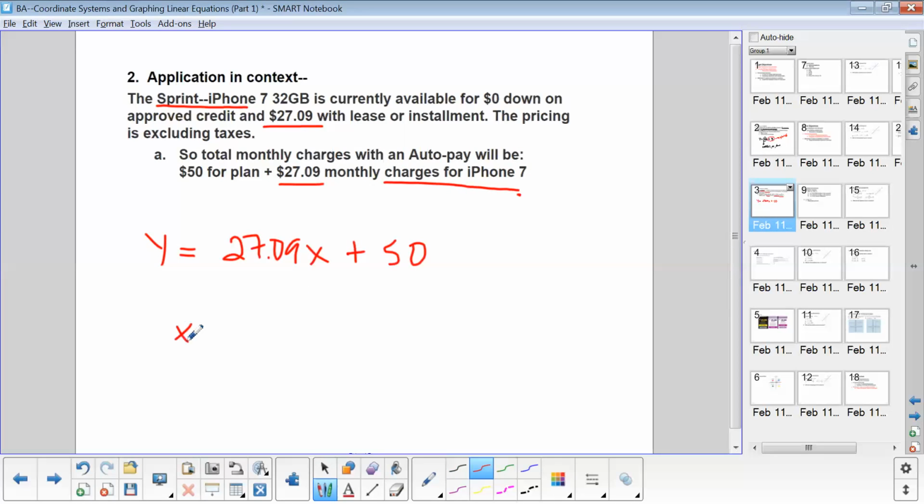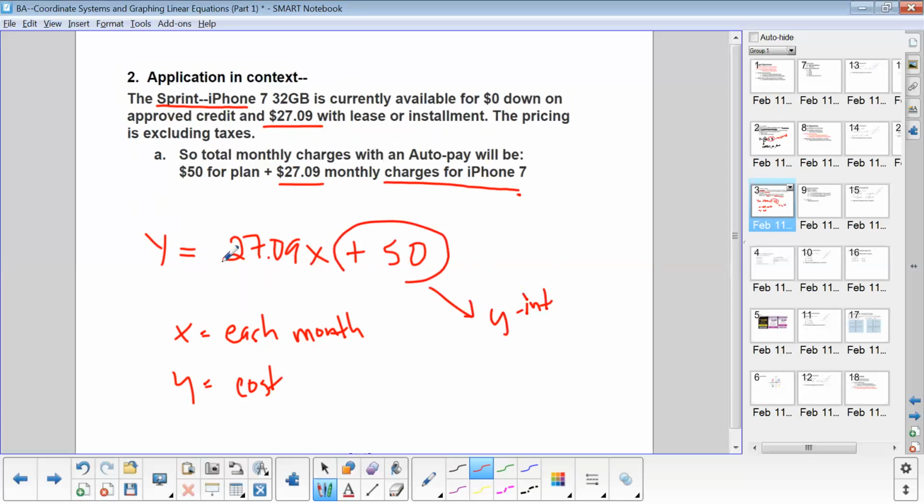So X in this case would be each month, and Y would be the cost. So 50 would be your y-intercept, and $27.09 would be your rate.